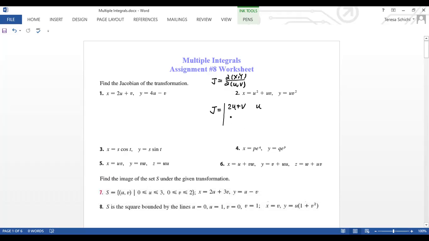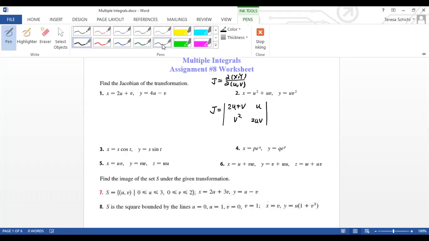Now the bottom row: you take the partial derivative of y with respect to u first, and what you have is v squared. Now the partial derivative of y with respect to v, you have 2uv.